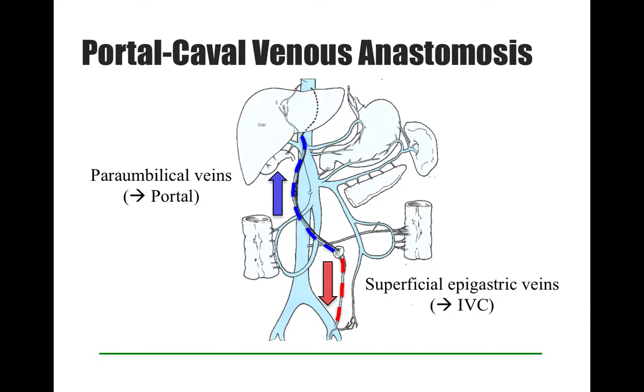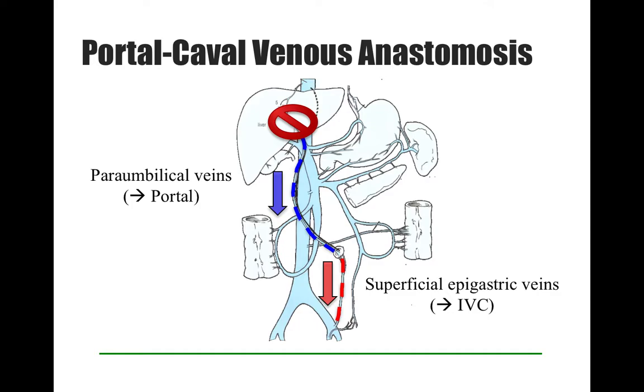So if you have the interaction between these two vessels, the paraumbilical veins drain to the liver, and superficial epigastric veins drain to the inferior vena cava. But what we know is that if we do have something creating portal hypertension, or cirrhosis or anything like that, or stenosis of the portal system right here, what we do is back up the blood, and it has to go somewhere else.